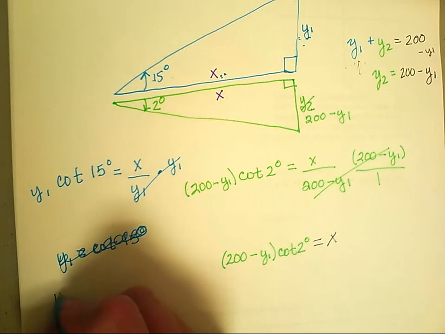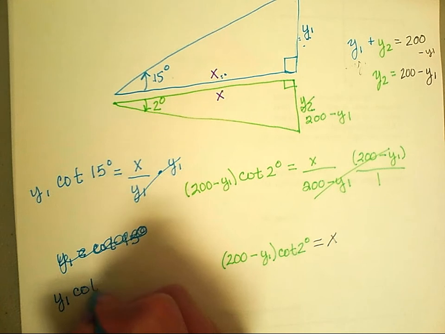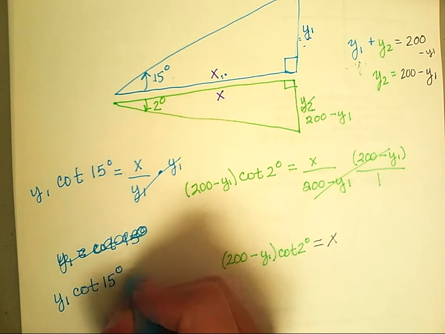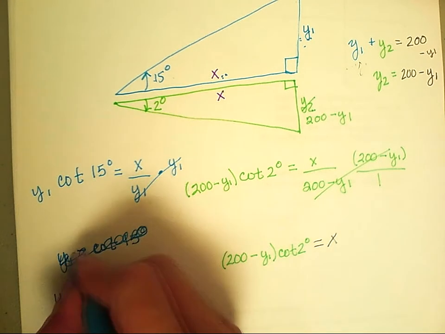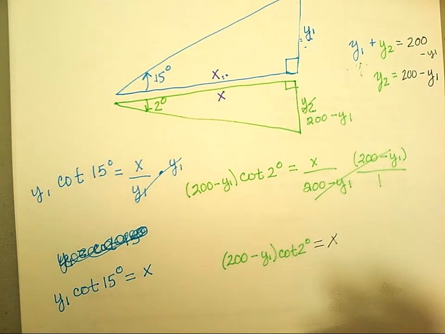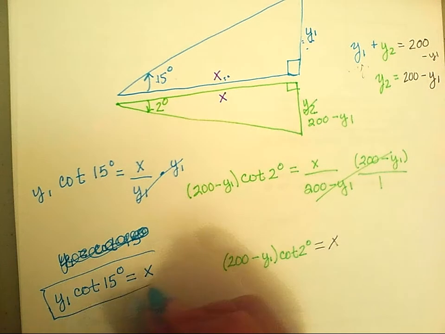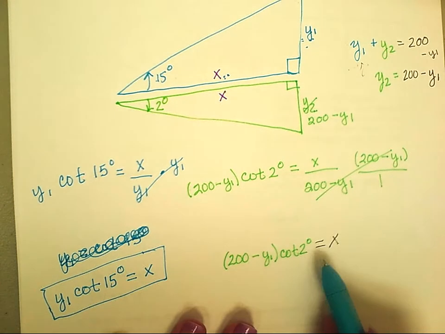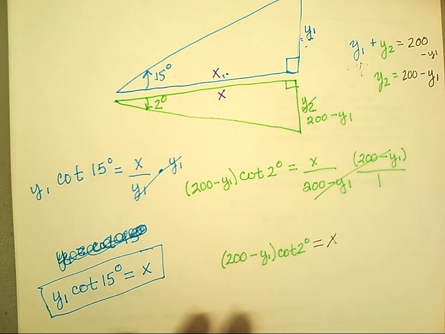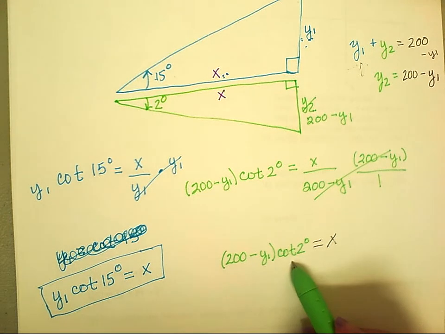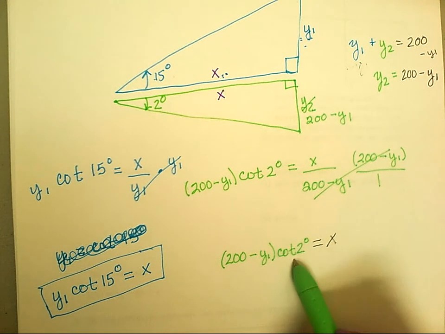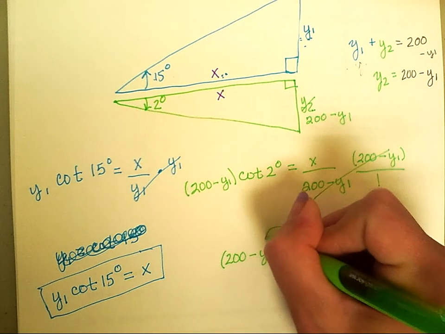I'm sorry, you guys, I didn't write this correctly, did I? This is y1 times the cotangent of 15 degrees is equal to x. Sorry about that. Okay, this value is equal to x. Okay, and then let's distribute this here.